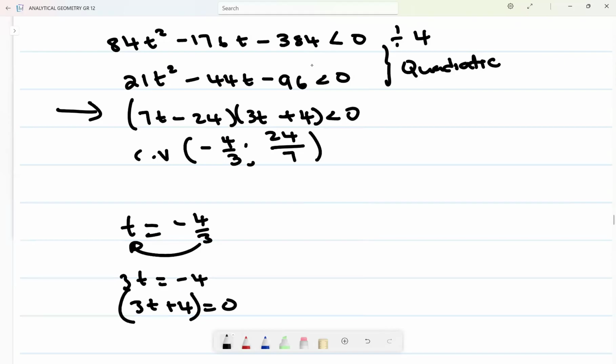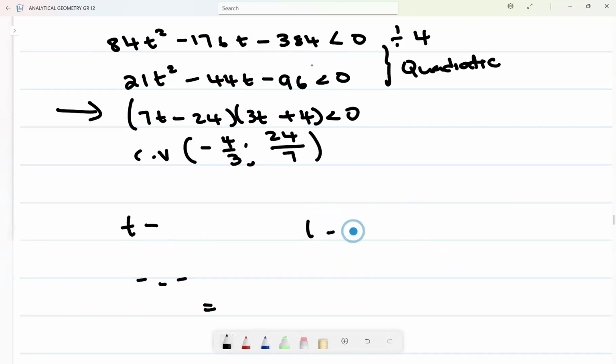So this is a factor. Also, after it gives you 24 divided by 7, 7t is equal to 24, so you minus 24. This is one of the factors. So yeah, that's that, if you want to cheat the system.